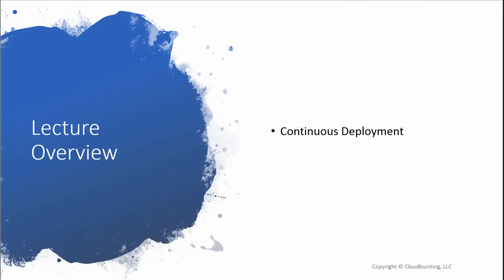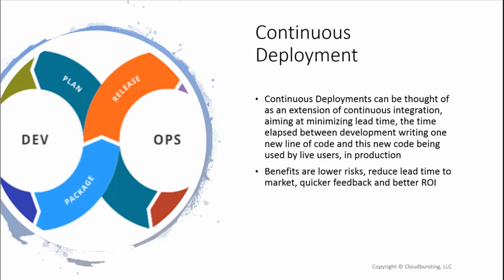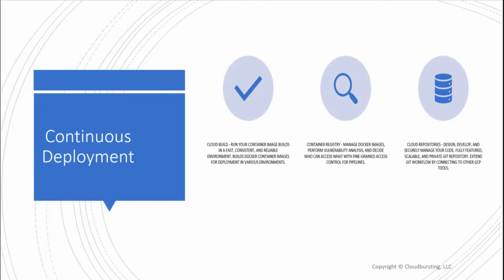Now, continuous deployment, from a definition perspective, is an extension of continuous integration and continuous delivery. The goal is to lower the risks, reduce your lead time, and provide quicker feedback. It's really about automating your processes, and all of these Google tools will be part of that solution.